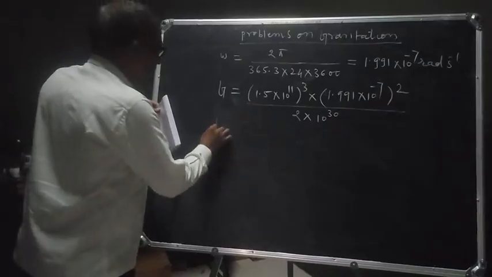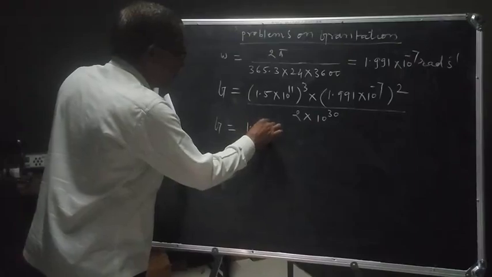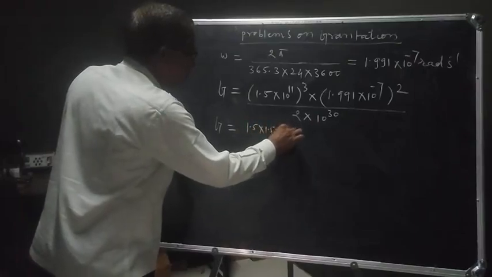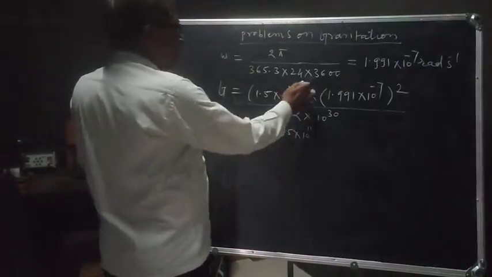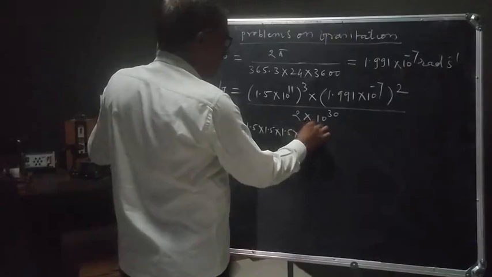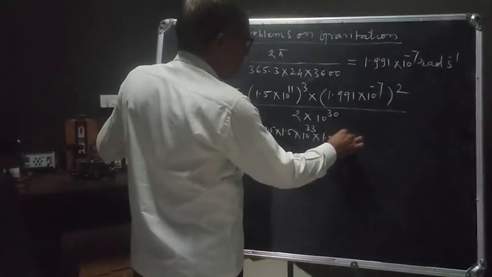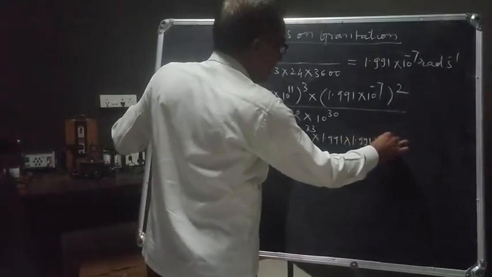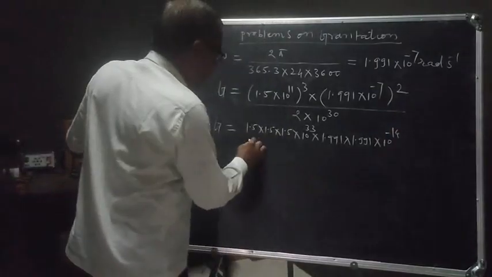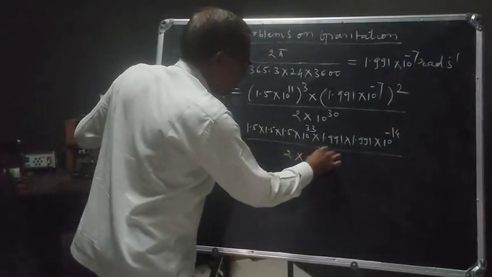We write this in one step like this: 1.5 into 1.5 into 1.5 into 10 raised to 11 into 3, that is 33, into 1.991 into 1.991 into 10 raised to minus 14 upon 2 into 10 raised to 30.